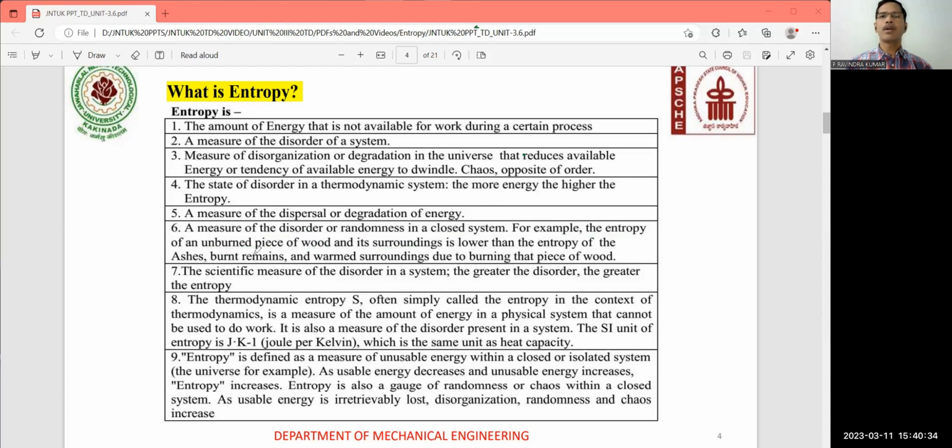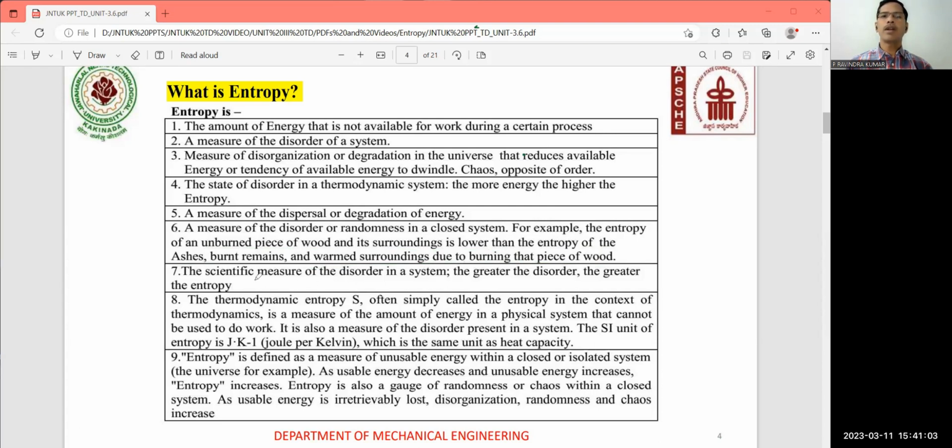The entropy of an unburned piece of wood and its surroundings is lower than the entropy of the burnt wood, that is the ashes, and the warmed surroundings due to burning the wood. So the entropy of the wood is less than that of the burnt wood.